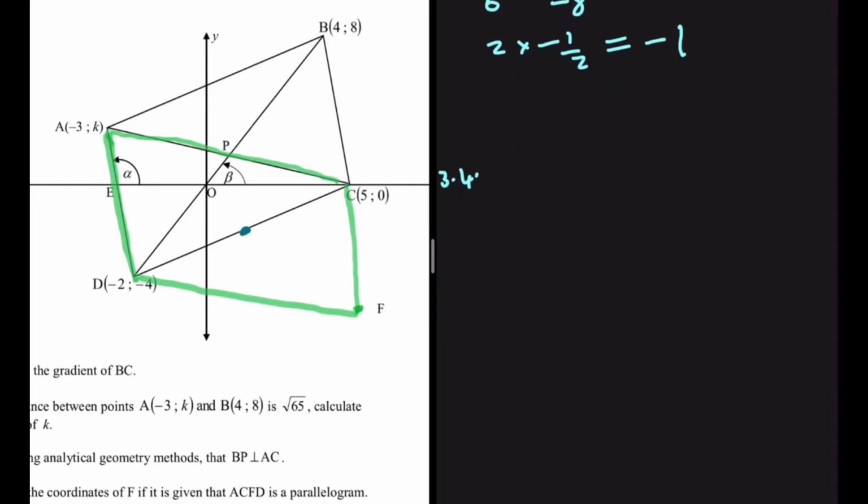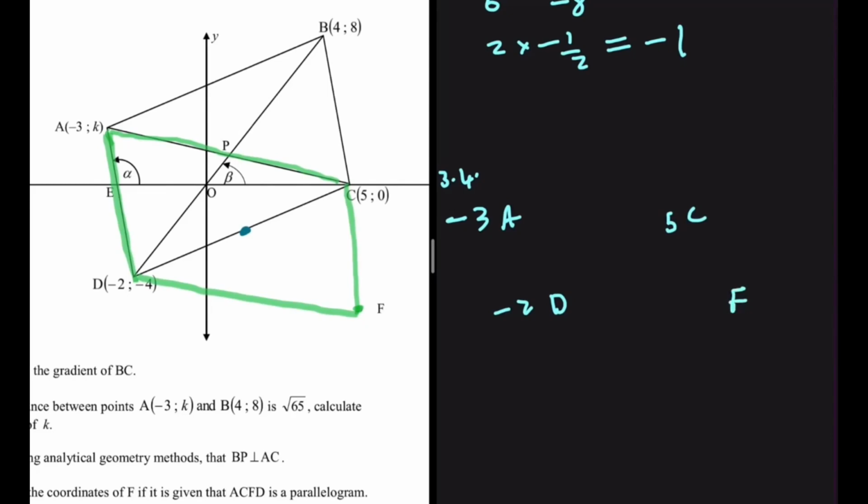So let's look at the x value of A. The x value of A is -3, and the x value of D is -2, and then the x value of C is 5. What will be the x value of F, right?